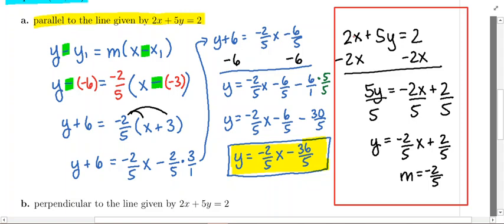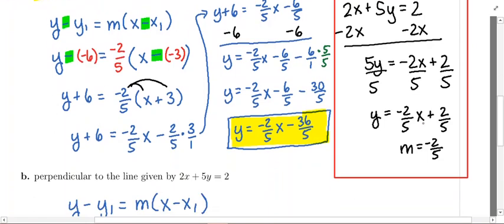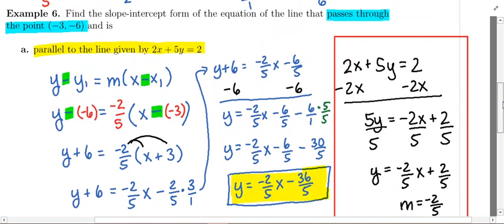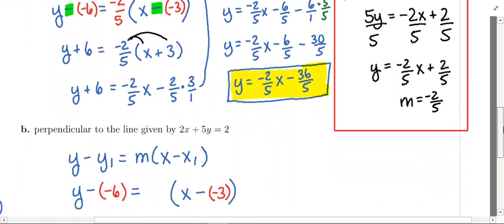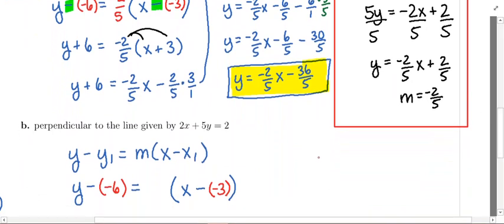But now the line we're looking for is perpendicular to 2x plus 5y is equal to 2. So we need to take the slope of 2x plus 5y is equal to 2, and we need to form the perpendicular slope, and that is the slope that our line will have. So the perpendicular slope is going to be, we're going to take the fraction and flip it from 2/5 to 5/2, and we're going to change the sign.